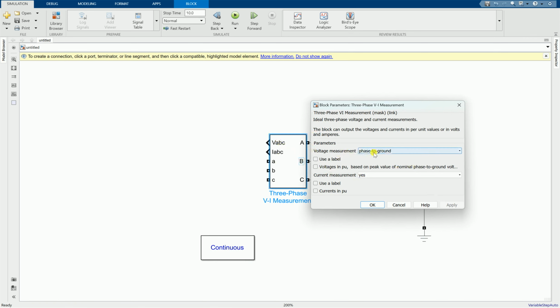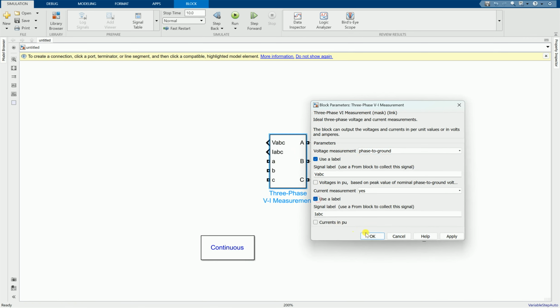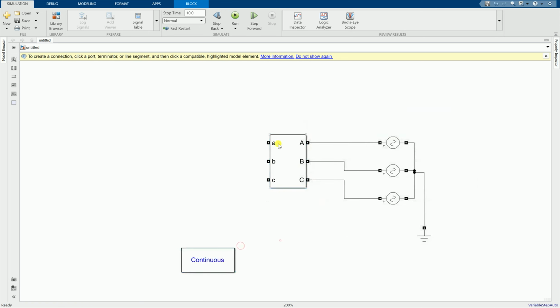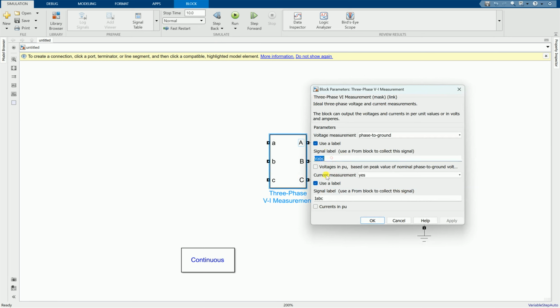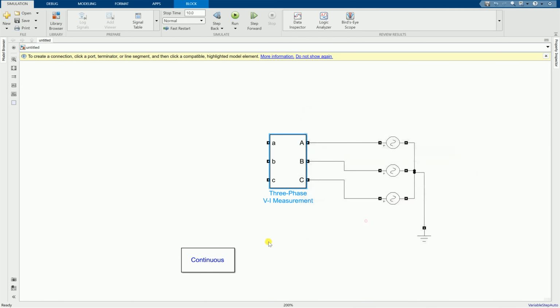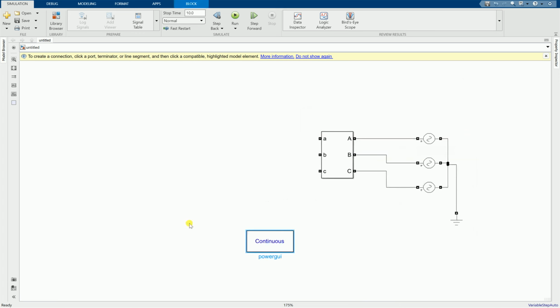We can remove these two output signals and use a label instead. If you would like to see the three-phase voltage and the current, this is the label that you can use. This is a variable in which the values will be stored. So we have the three-phase measurement.